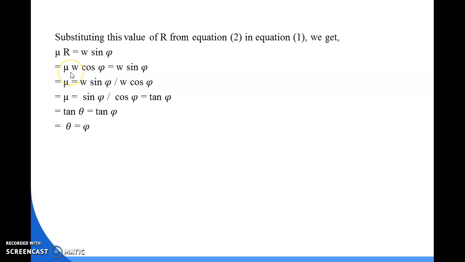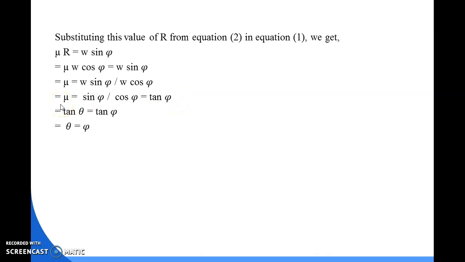So by putting the value of R in equation 1, we have mu W cos phi is equal to W sin phi. That is, mu is equal to W sin phi divided by W cos phi. Here W and W cancel out. So that is sin phi by cos phi, and we know that sin by cos is tan phi.